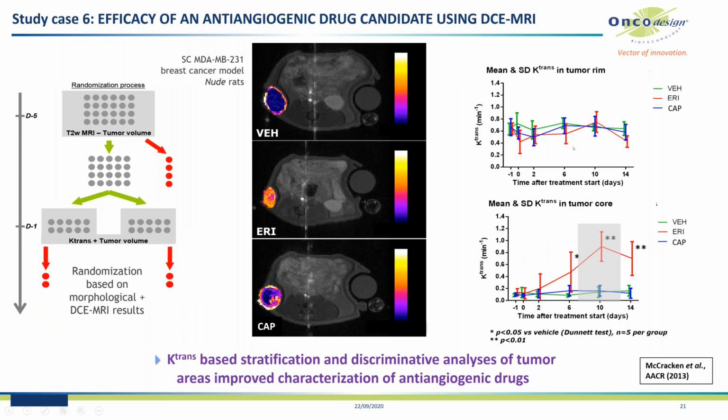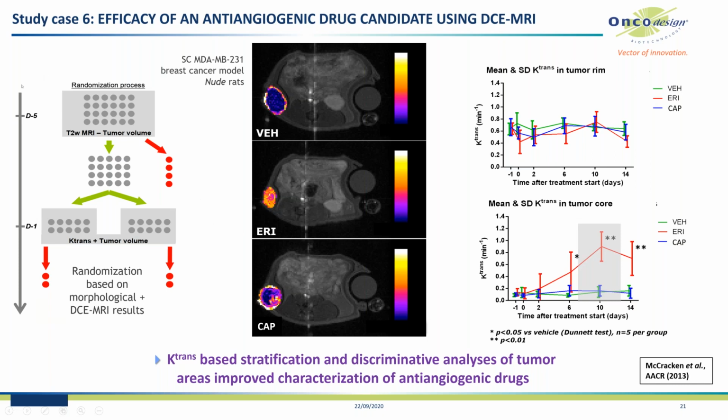So just a few examples to illustrate this. In this study, we used MRI to evaluate the perfusion of a breast cancer model in nude rats, and to monitor the effect of anti-angiogenic treatments.